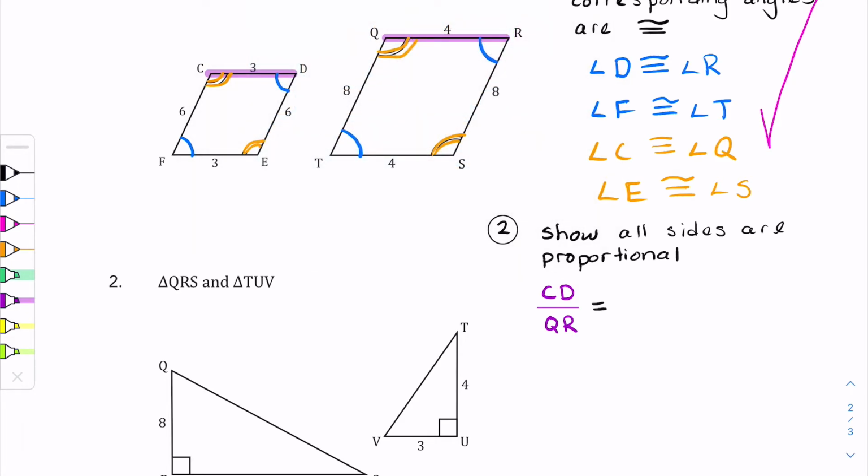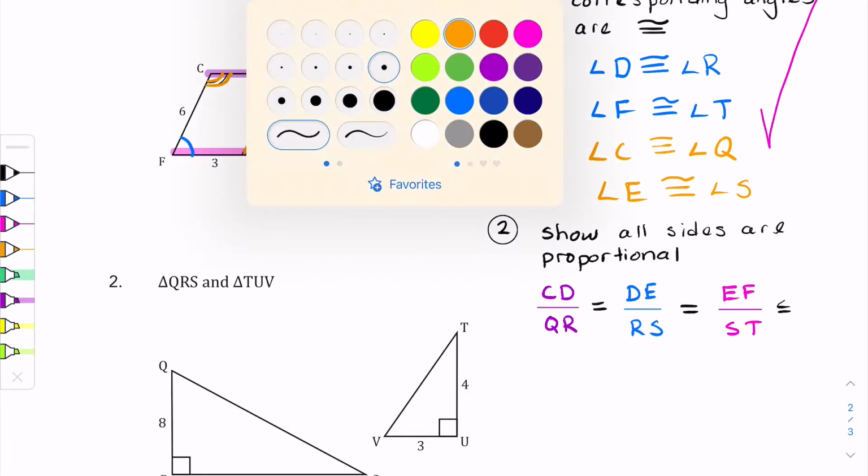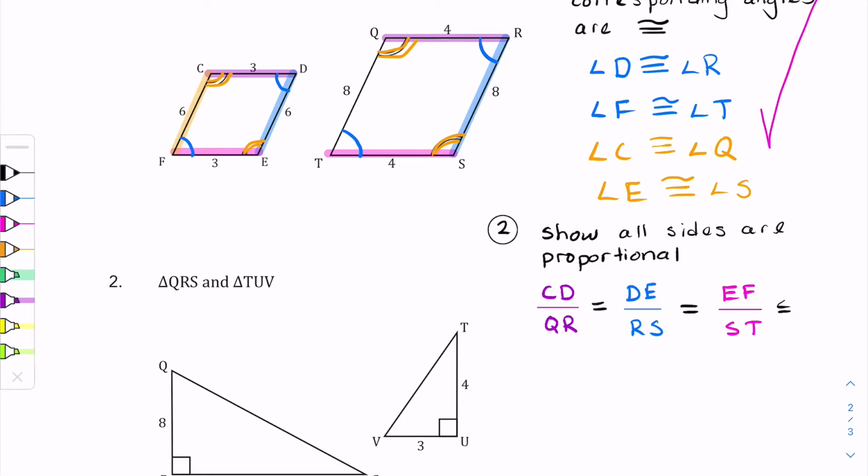Next, I'm going to look at DE and RS. Next, we have EF and ST. And lastly, we're looking at CF and QT.